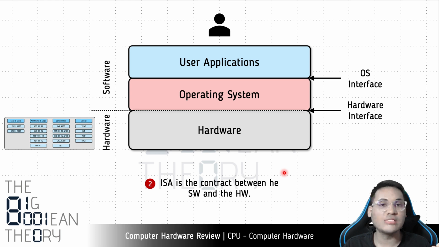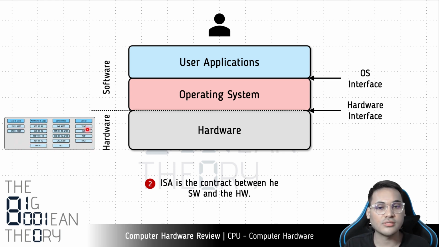So, as you can see in this picture, this is the example ISA that we saw in the previous diagram. The CPU is basically advertising to the software that these are the set of instructions I can execute. If the software developer writes a program that contains instructions that are part of the ISA, then the CPU can execute that program.